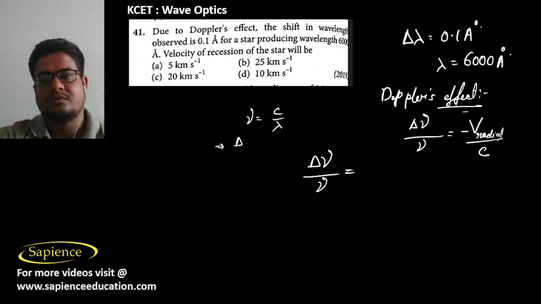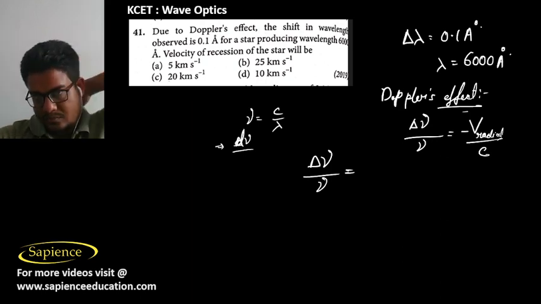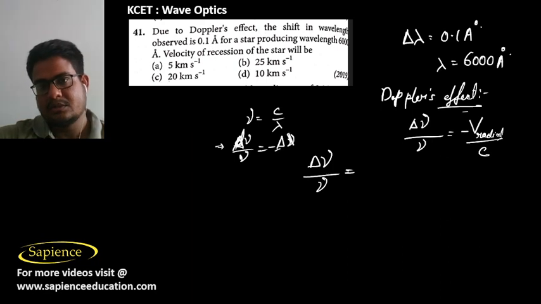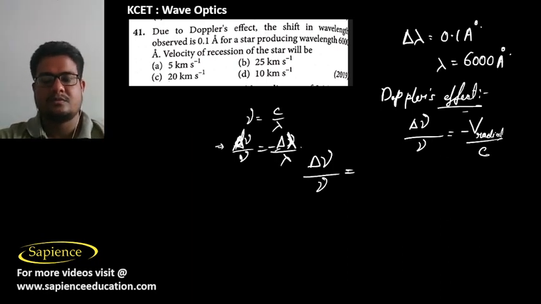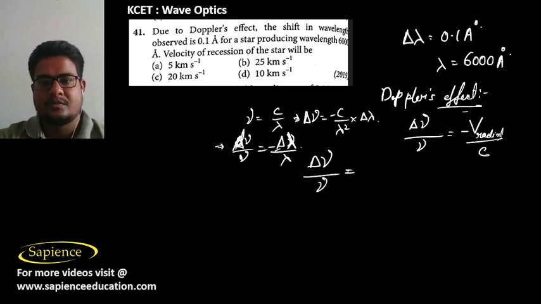So delta nu by nu also equals minus delta lambda by lambda. So delta nu will be equal to minus c by lambda square into delta lambda. So minus delta lambda by lambda is equal to minus v radial by c.